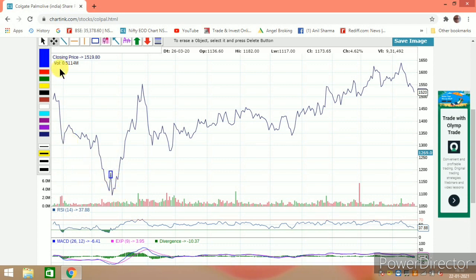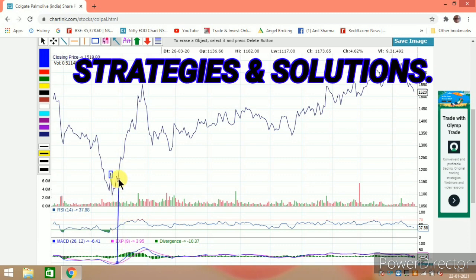But when it comes to MACD, let us see, MACD has given a buy signal here, and after the MACD has given a buy signal, it has continued up. Okay, now it has gone up, and it has given a sell signal here. So I will just mark it.